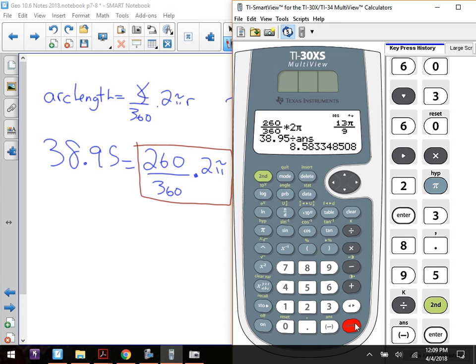And there's your response. There's your radius. It does it for you. It's not that the algebra is difficult here. It's just that the number in front of the variable looks really weird because it's got a fraction and a pi symbol in it. It's just a number.